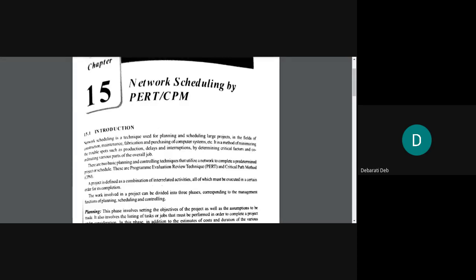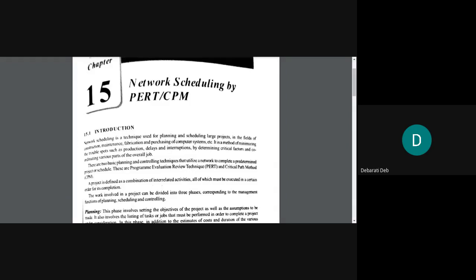Then fabrication, purchasing of computer systems. Suppose you want to install completely new systems in your company. You cannot just go to a dealer, buy the computers and set them up. This doesn't happen like that.